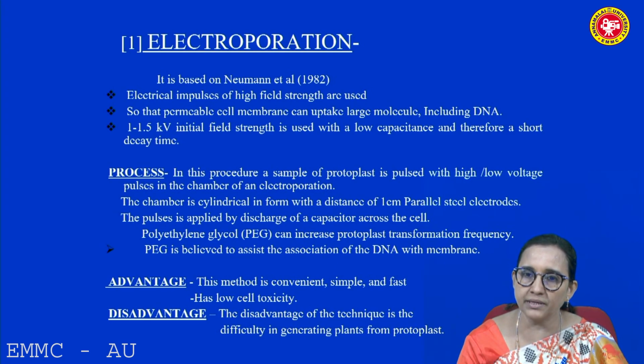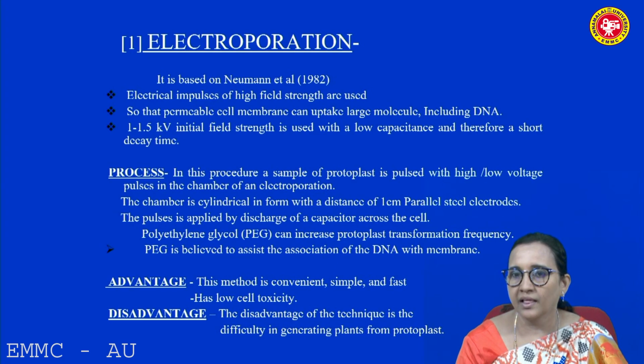First we will discuss the advantages. This method is convenient, very simple and fast, and has low cell toxicity. The toxicity to the cell is very low, and the DNA can easily be inserted into the plant cell or the protoplast.